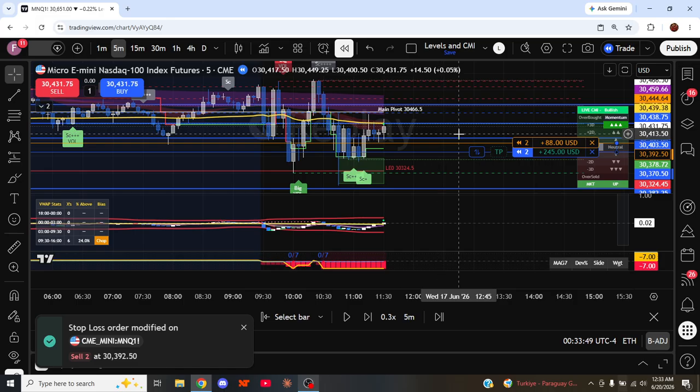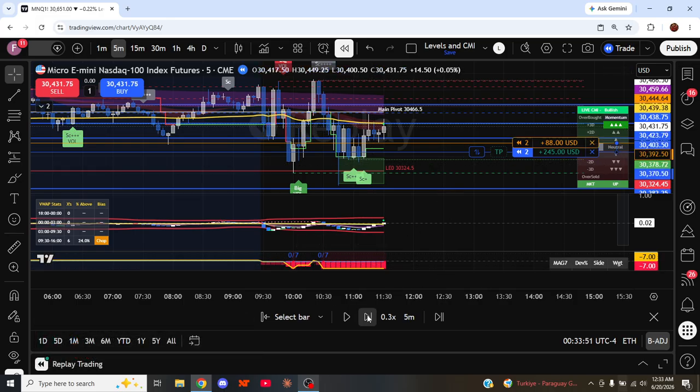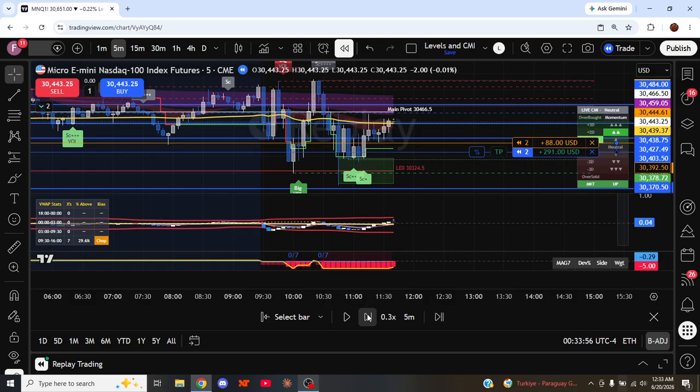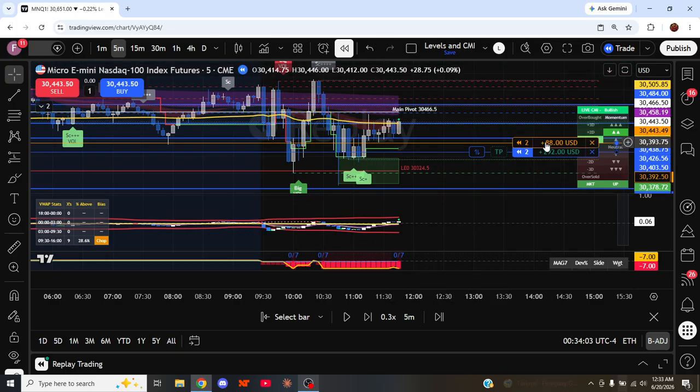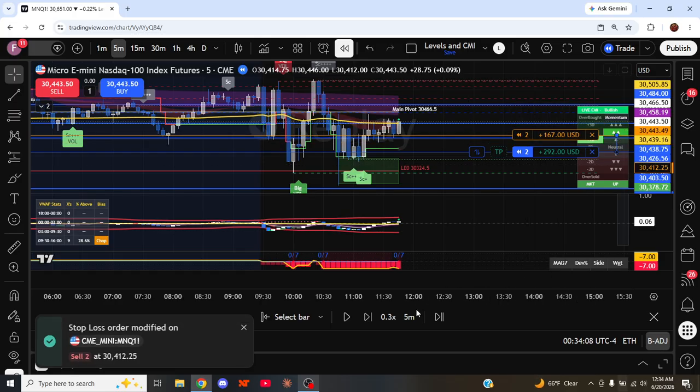Again, rejecting VWAP. Alright, now we're breaking it. And now we're not. We're coming back up here. I don't want to see it come back down here again.